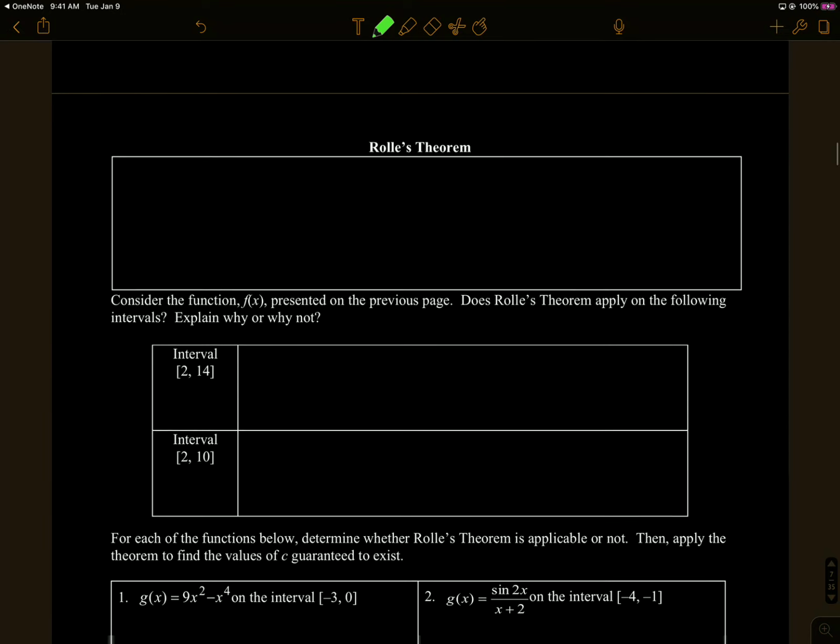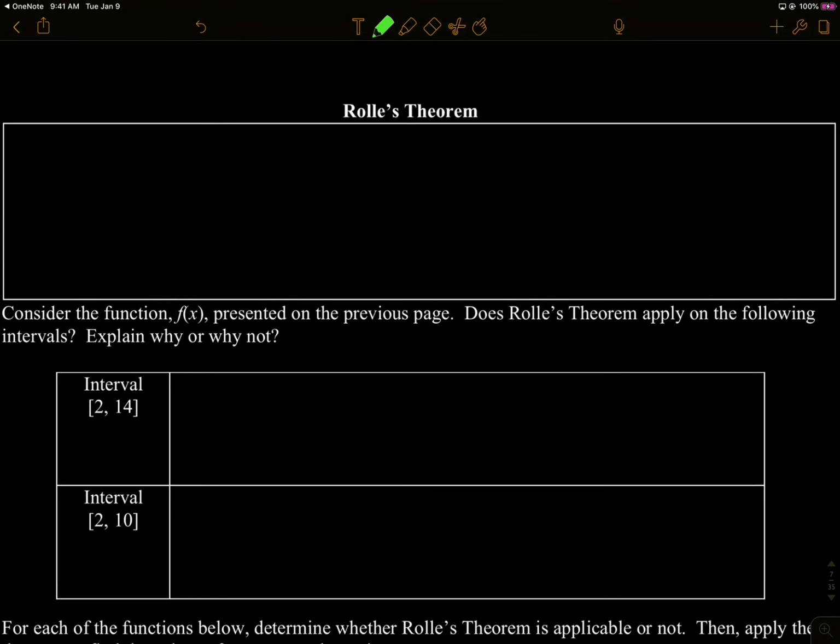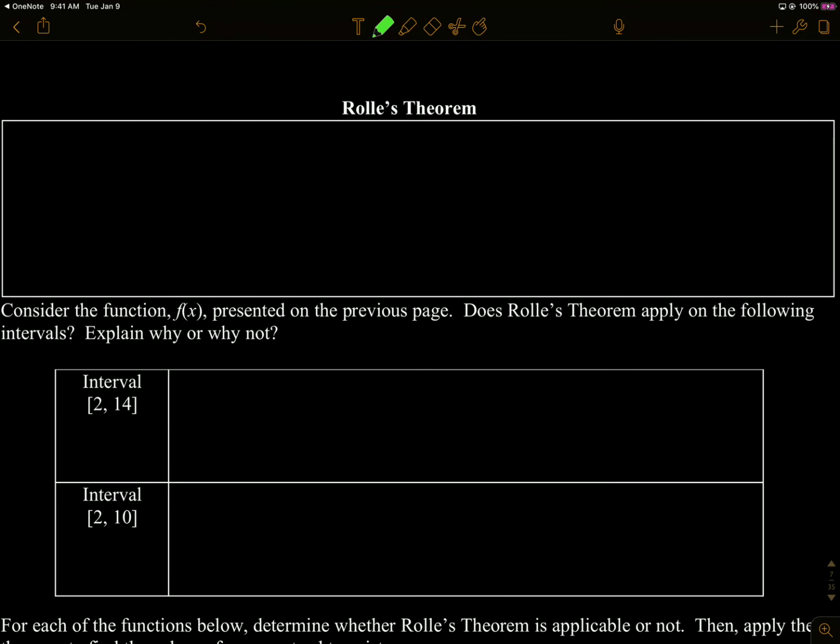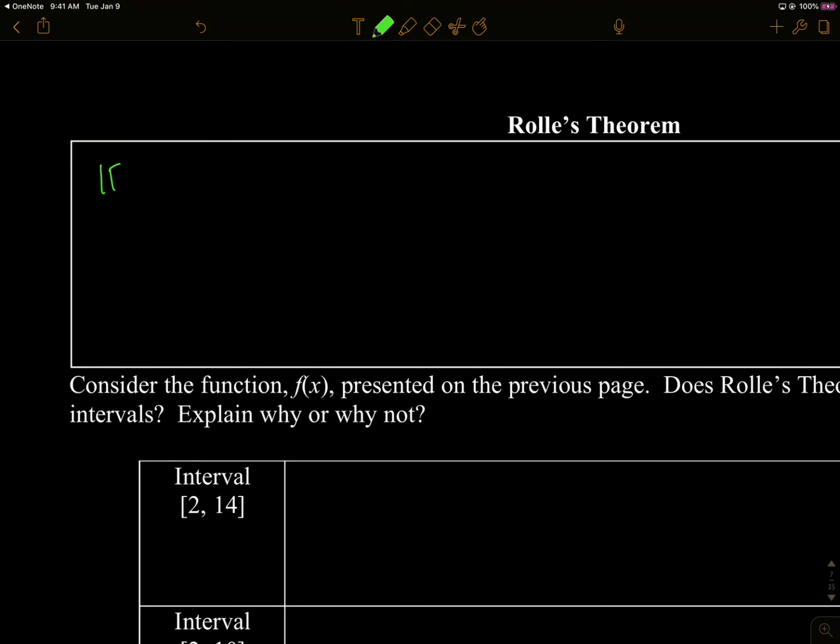So we're going to look at our first theorem, Rolle's theorem, and we're starting here, but remember, it's just an application of the other theorem we're going to learn, the mean value theorem. But let's start with Rolle's theorem.